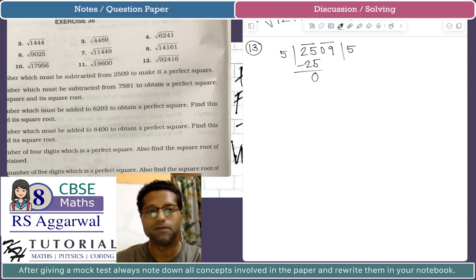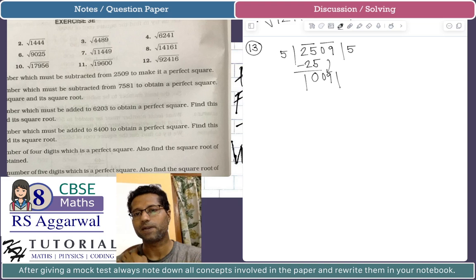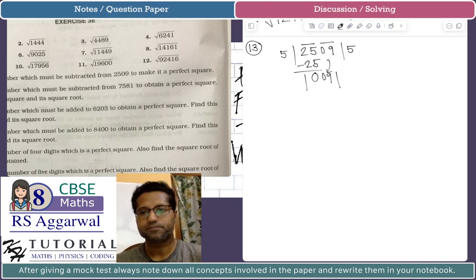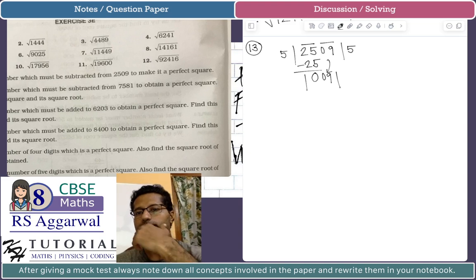Now I will bring down the next period, that is 09. So the current dividend becomes 009, which is practically 9.